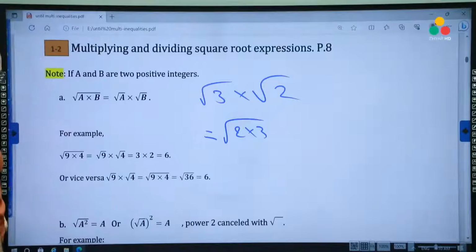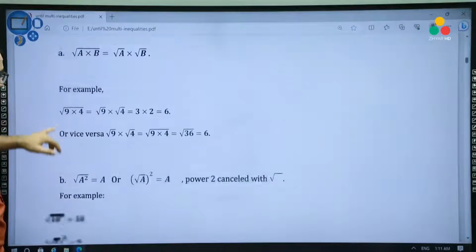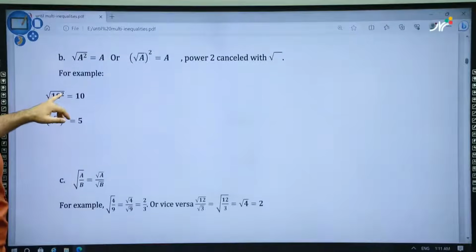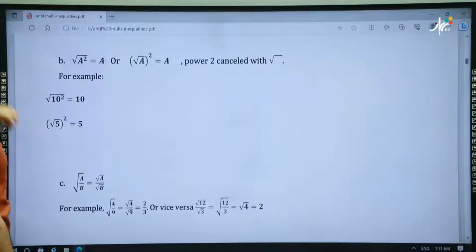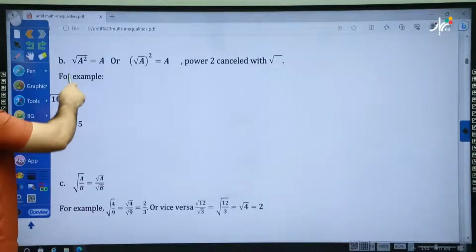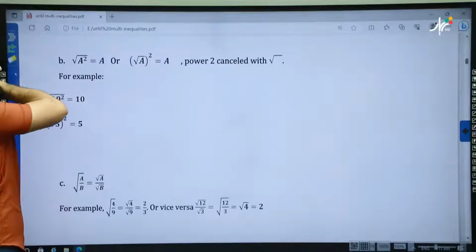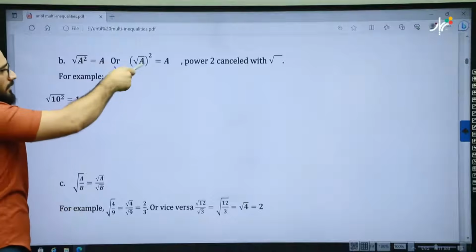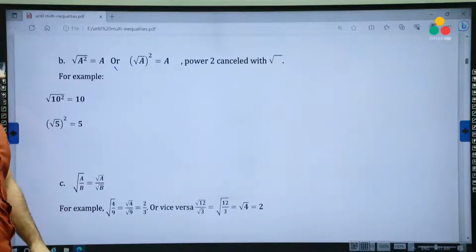Second rule. It says the square root of a squared is equal to a, or square root of a, all of them squared, is equal to a.